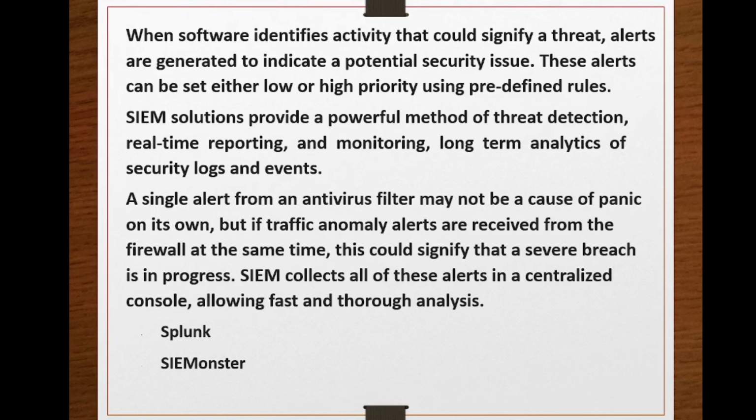When the software identifies activities that could signify a threat, alerts are generated to indicate a potential security issue. These alerts can be set as either low or high priority using predefined rules in the company's standard rules.